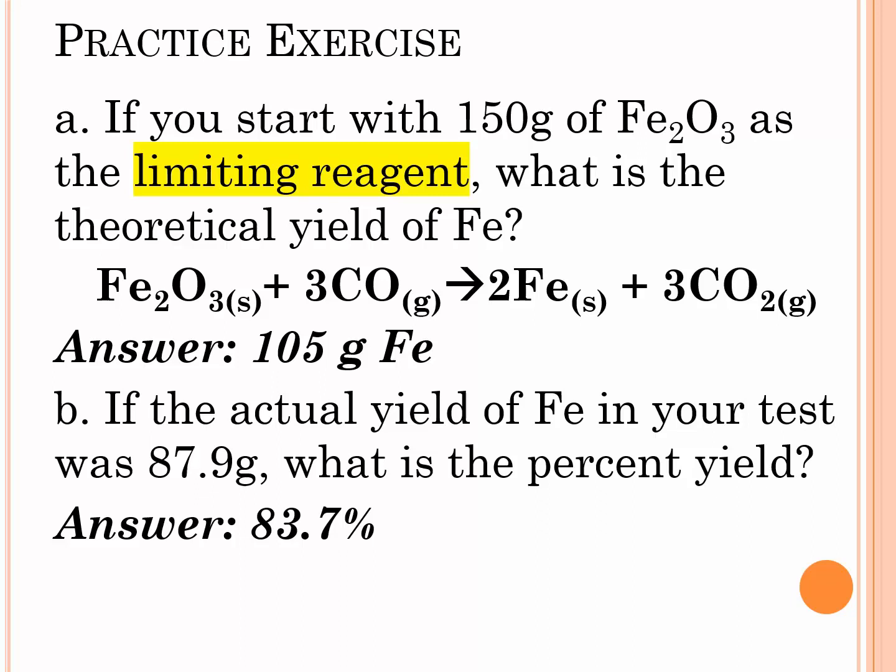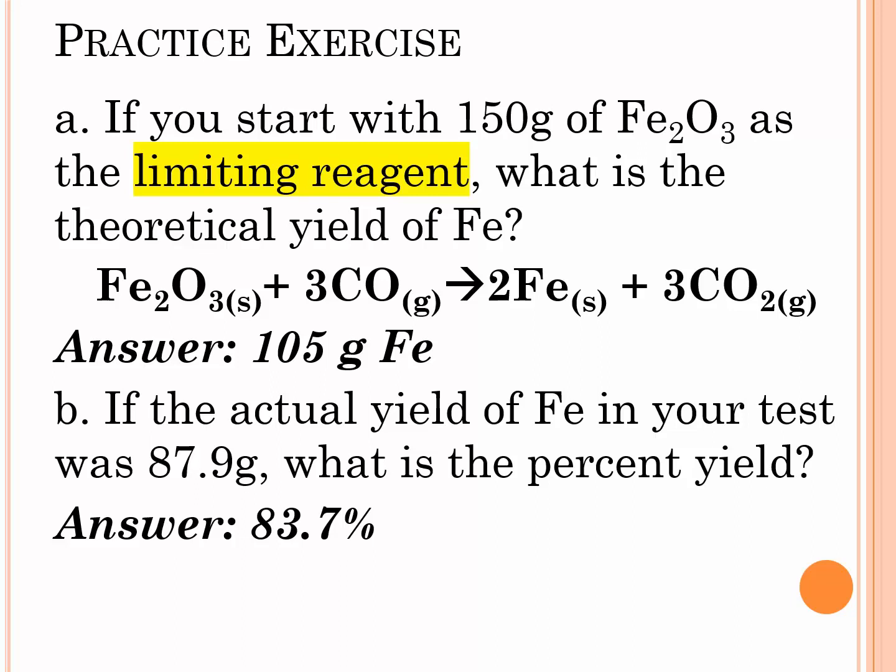So no need to determine the limiting reactant, and you say, for example, 1 mole gives 2 mole of iron. Then you divide this 150 gram by the molar formula weight for this compound, and then multiply by the atomic weight of iron, then you will get this mass of iron.